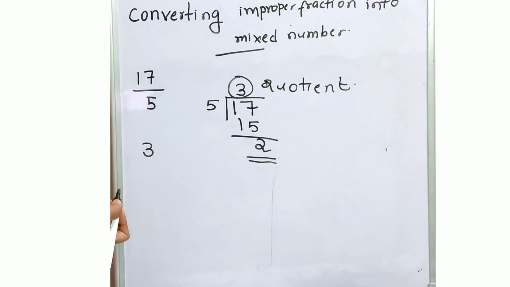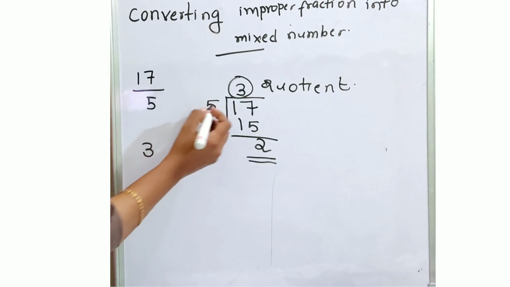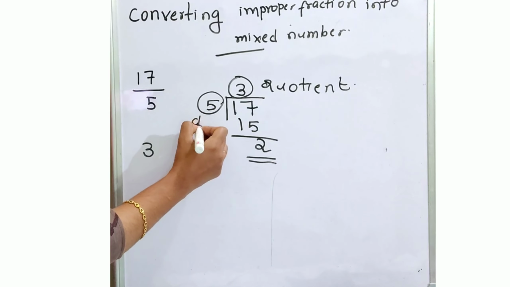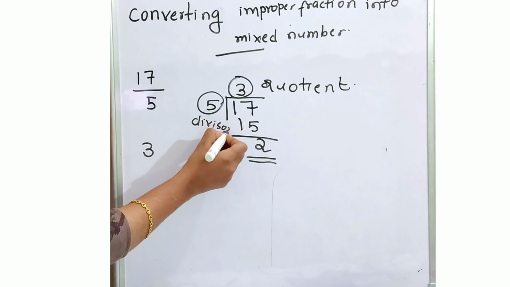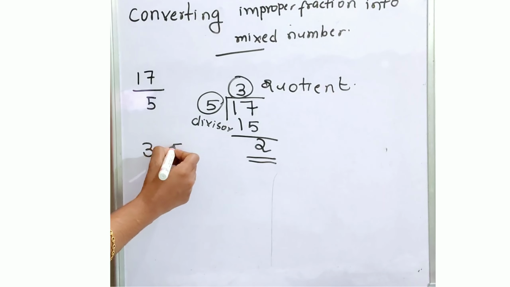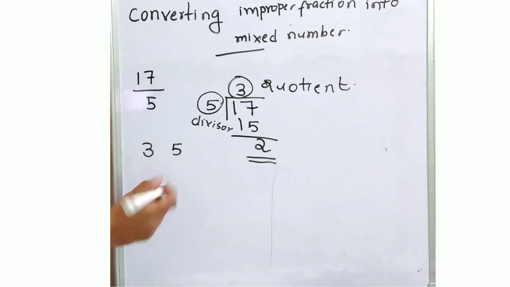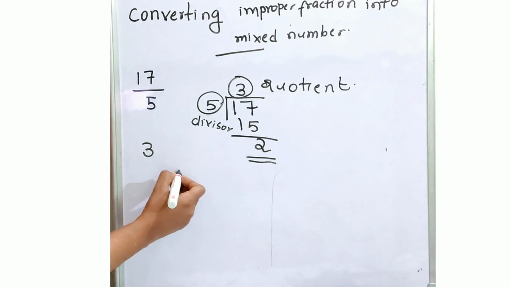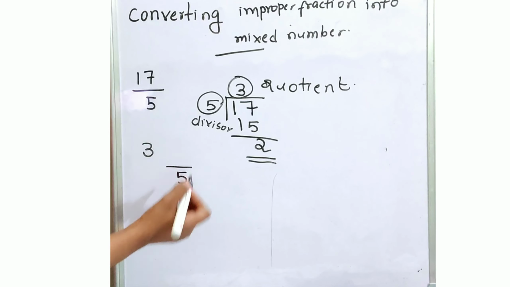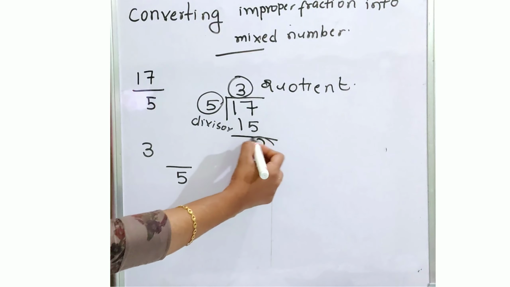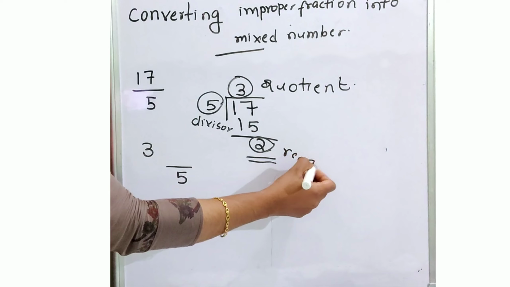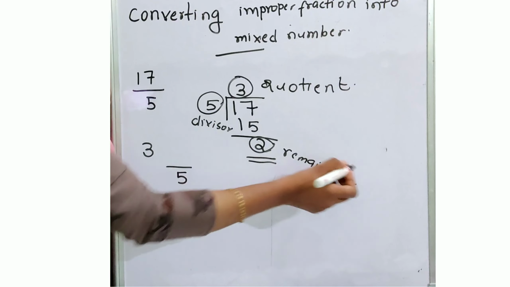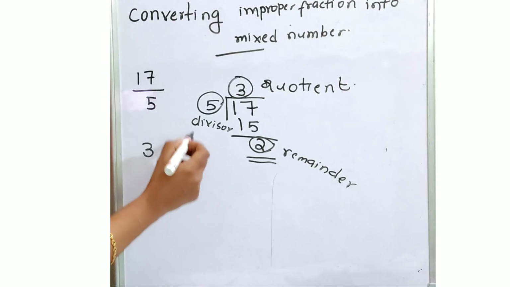The divisor 5 will be written as the denominator, and the remainder 2 will be written as the numerator.